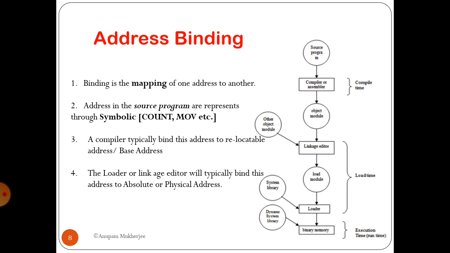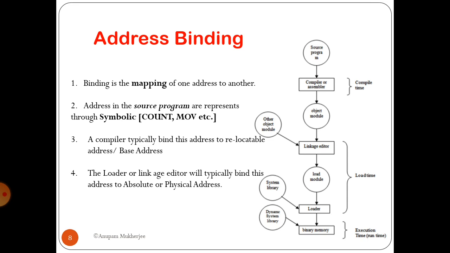A compiler typically binds these addresses to relocatable addresses or base addresses, and then the loader or linkage editor will bind those addresses to absolute or physical addresses. So binding is the mapping of one address space to another address space.